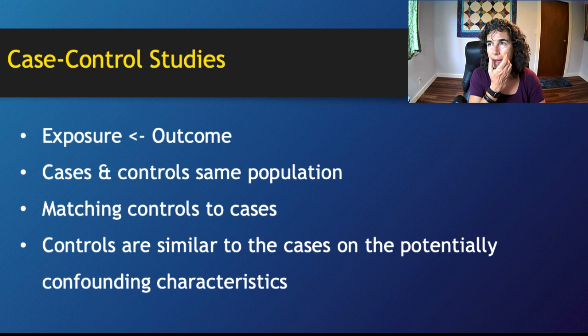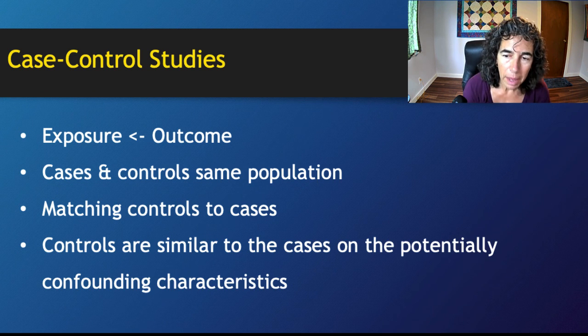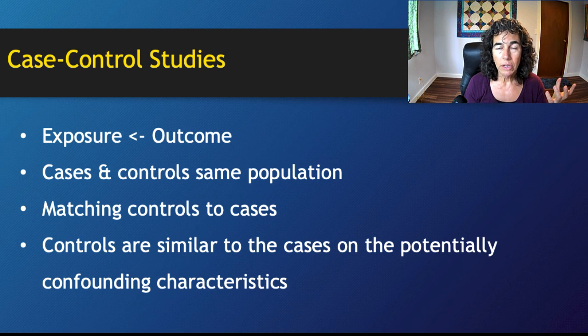So if we think that gender might be implicated, and we have somebody who has MS, multiple sclerosis, we would then match the person with MS to the gender of the person who's in the control, right?